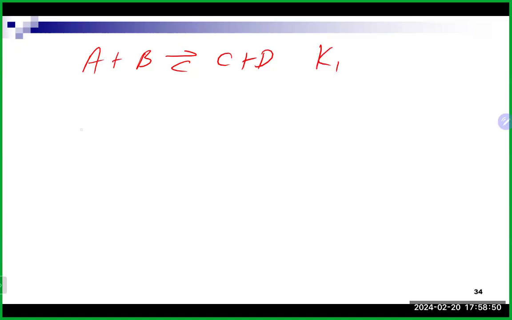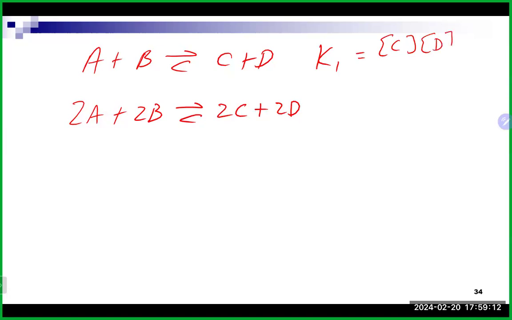And let's just say that we did not need 1 of A, but maybe we needed 2 of A. So if we had to go through and multiply this equation by a constant number of 2, what does that do to the equilibrium expression? So let's take a look and see. The K here obviously would be like what we had on the previous page. Looks something like this. And the K value for this guy would look something like this.